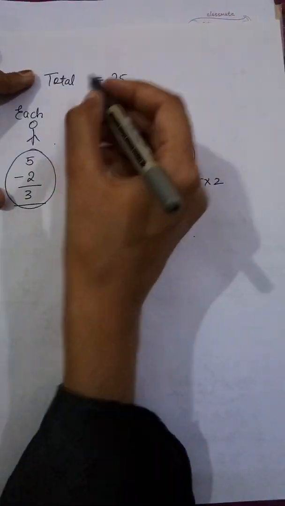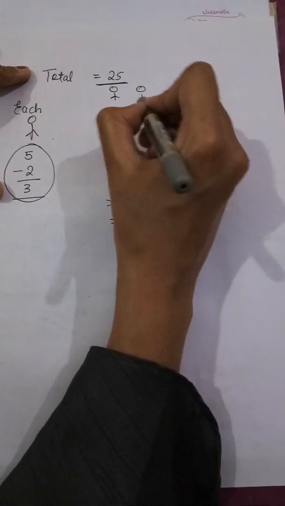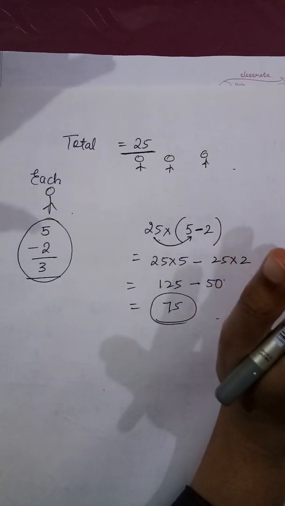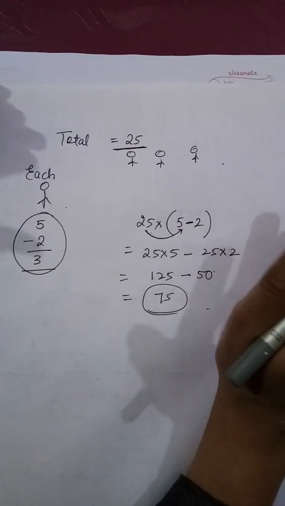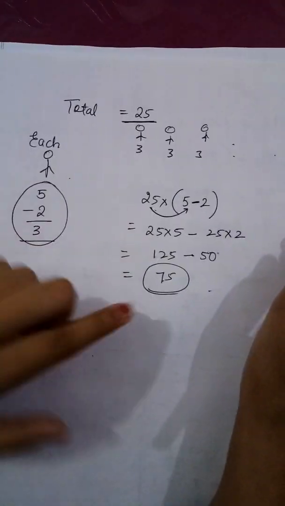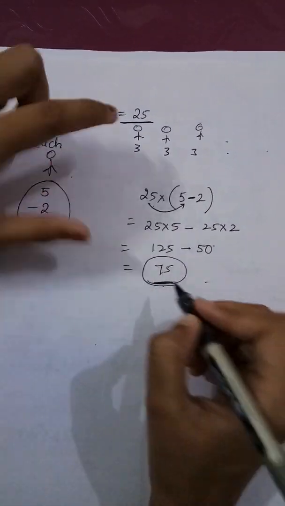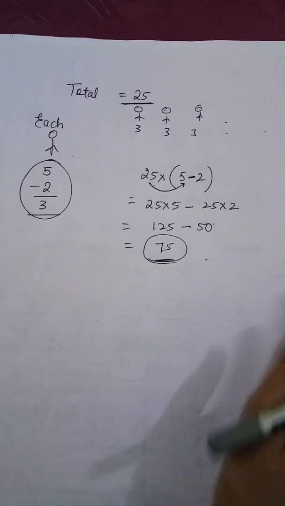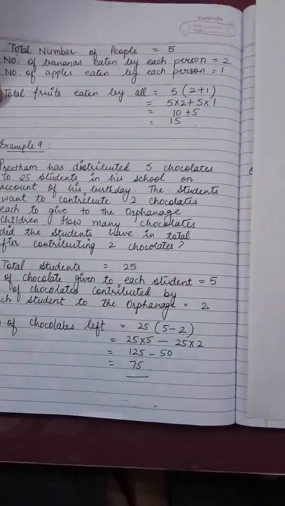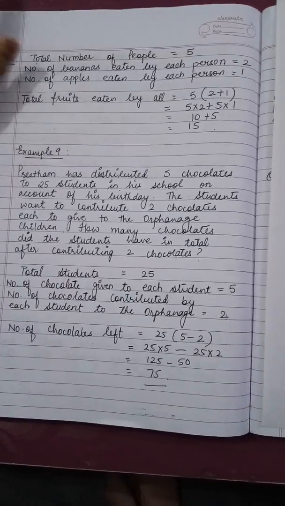That means if each of the 25 students has given 2 chocolates to the orphanage children, and each is having 3, that means there are 75 chocolates with the students. Please try to understand whatever we have done today, and practice all of these in the practice notebook. Okay, thank you.